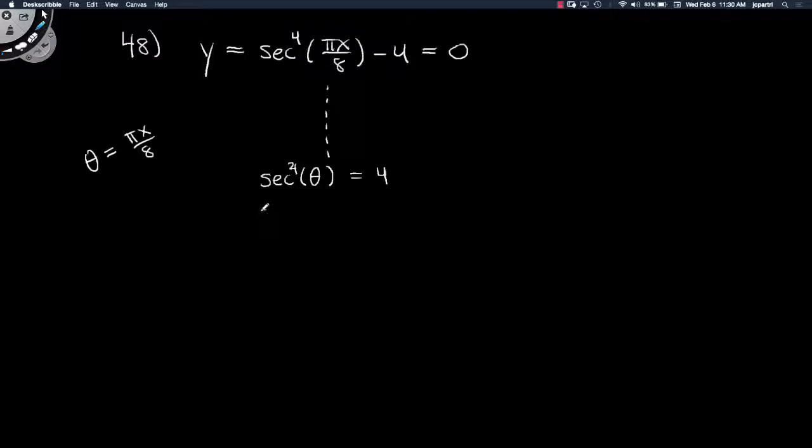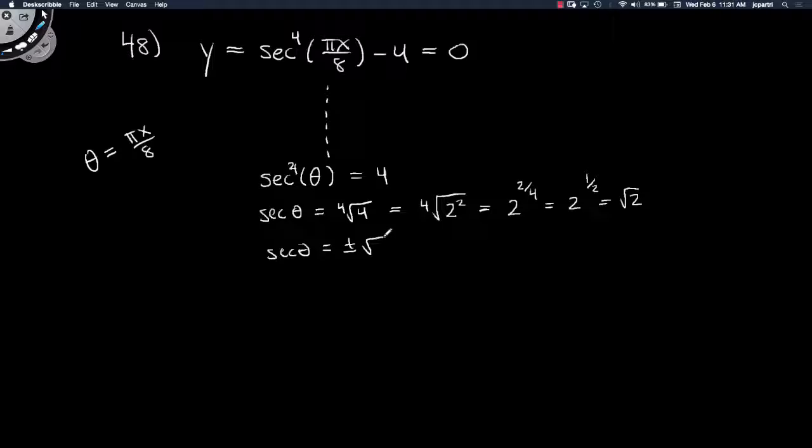Now you just take the fourth root of both sides. What's the fourth root of 4? You don't know? See, the fourth root of 4 is the fourth root of 2 squared. But that's 2 to the 2/4 power. But that's 2 to the 1/2 power, and so that's the square root of 2. So this is actually secant of theta equals plus or minus the square root of 2.